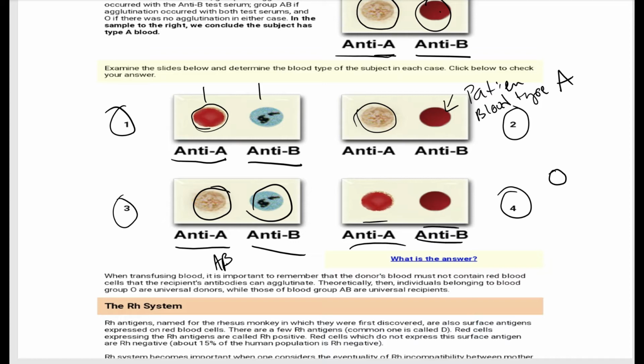Yes, you can see maybe this is a bit pinkish, this is a bit darker, but the main important part is when you see a big massive difference, such as here in A or in B, a very apparent difference. So this patient's blood type is O.